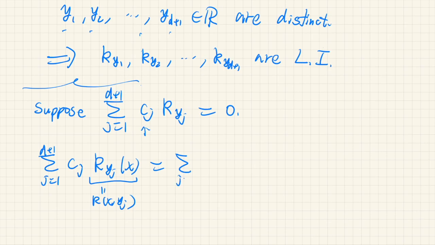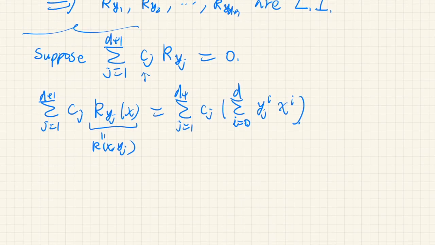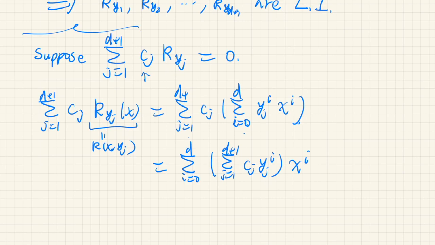Using our definition of the kernel function, this is the sum of c_j times the sum over i from 0 to d of y_j to the power of i times x to the power of i.